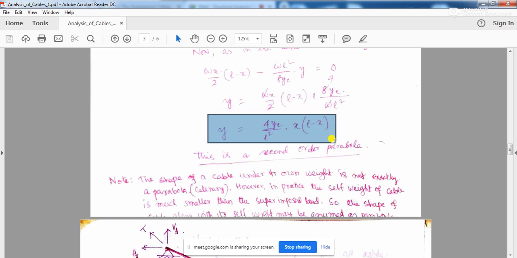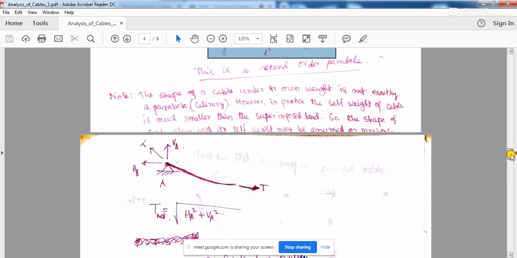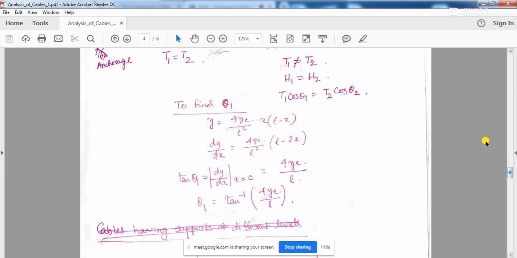If you want to find out the angle the cable or tangent at any point is making with the horizontal, what do you have to do? You can do dy/dx of this. To find the slope of the cable at a particular point, you can take the first derivative.